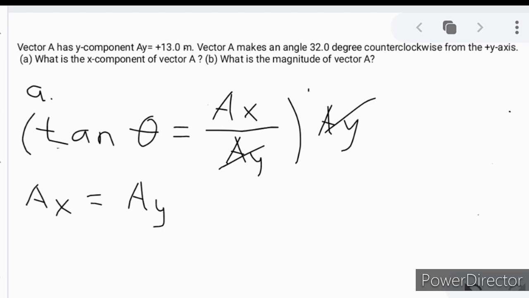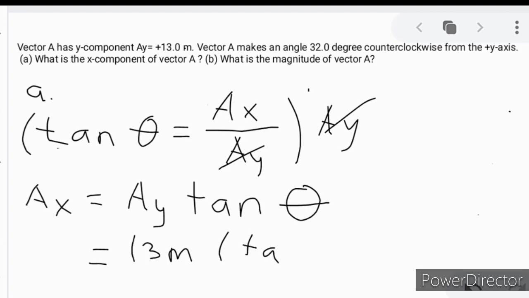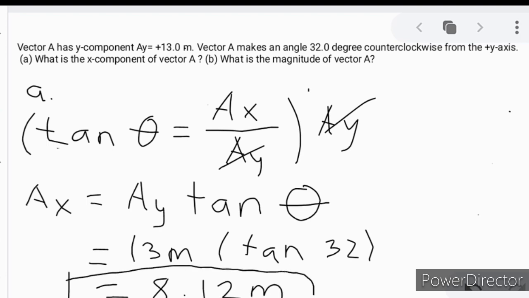So A sub x is equal to A sub y times tangent theta. Then substitute the given: A sub y is 13 meter, times tangent of 32 degrees. Then according to the calculator, our answer is 8.12 meter.